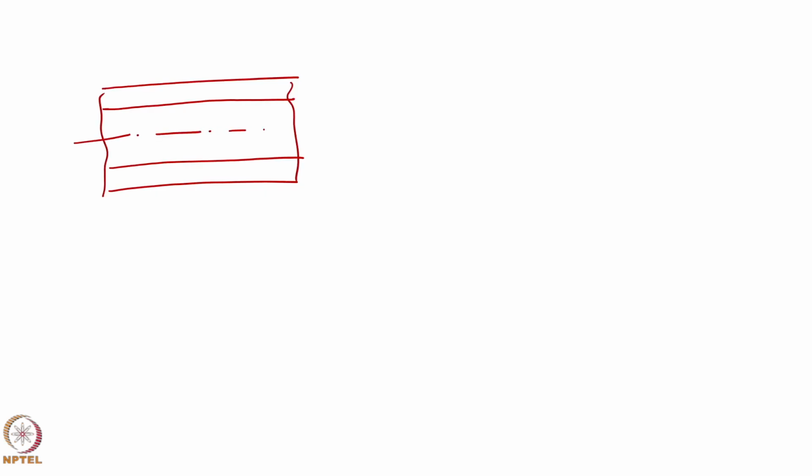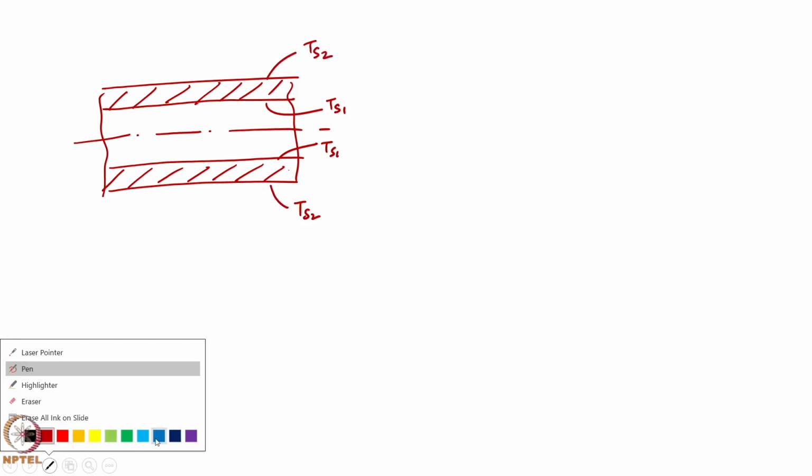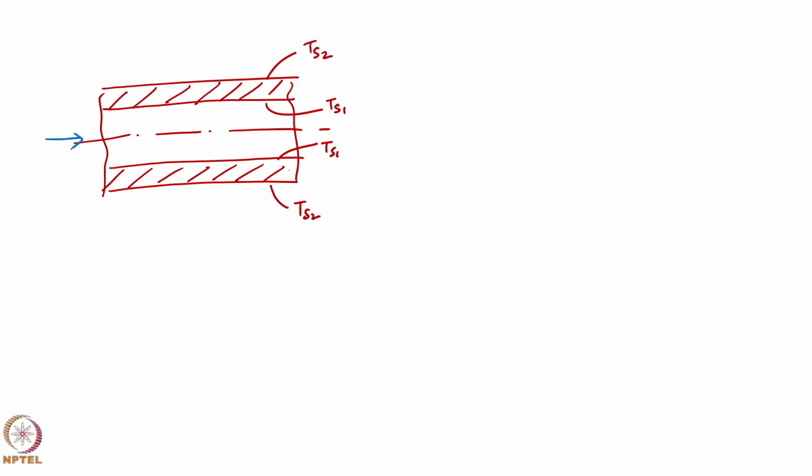This is your center line, this is the fluid, this is the wall. This is Ts1, this is Ts2. The flow is coming in this way and heat is supposed to go out this way, right, a classic problem.